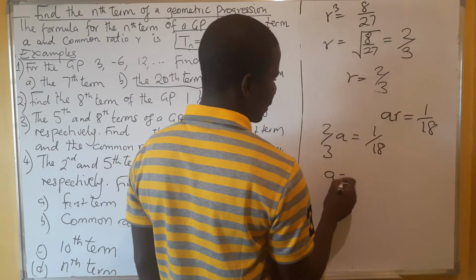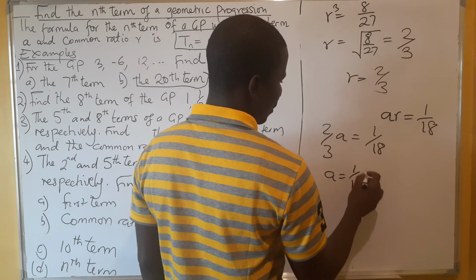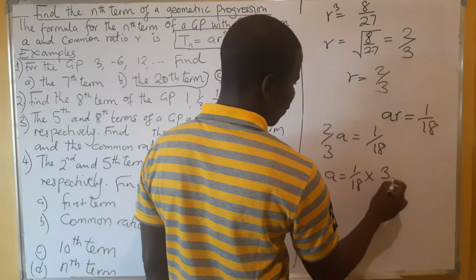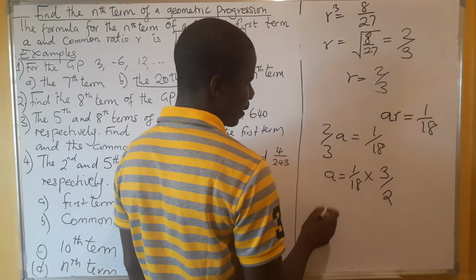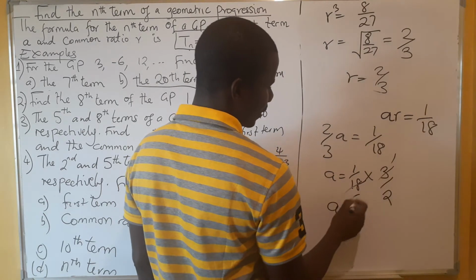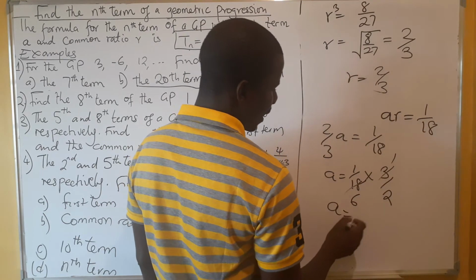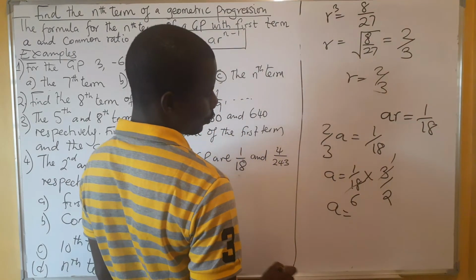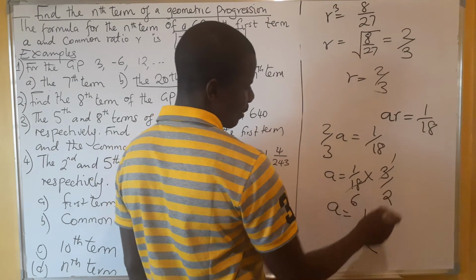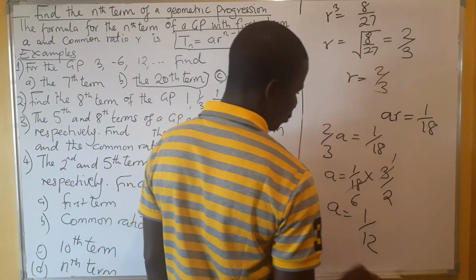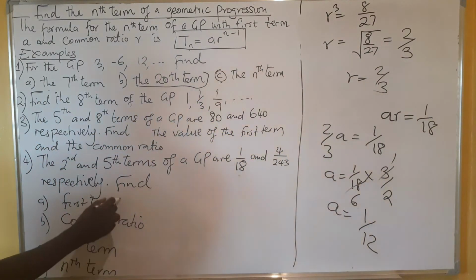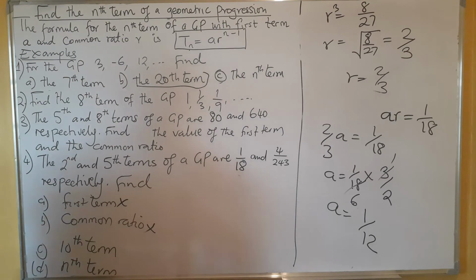So A is equal to 1 over 18 multiplied by the reciprocal of this one, which is 3 over 2. So A is equal to 1 over 12, 6 multiplied by 2. This is what is going to be our A. This part has been dealt with.